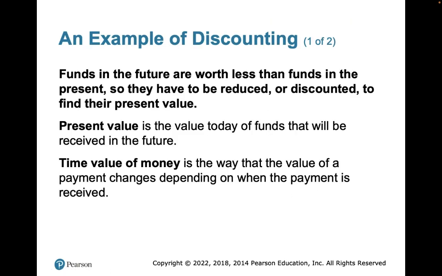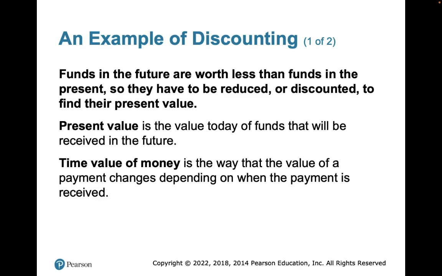So let's move on. An example of discounting: funds in the future are worth less than funds in the present. It means they have lesser value than the funds in the present, because over time prices just increase. These days things are so expensive, so they have to be reduced or discounted to find their present value. So present value is the value today of funds that will be received in the future.